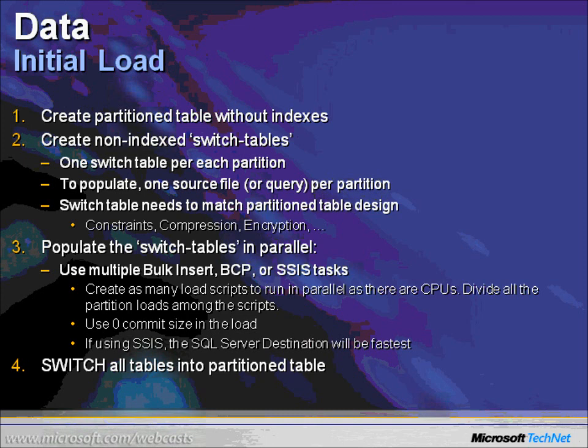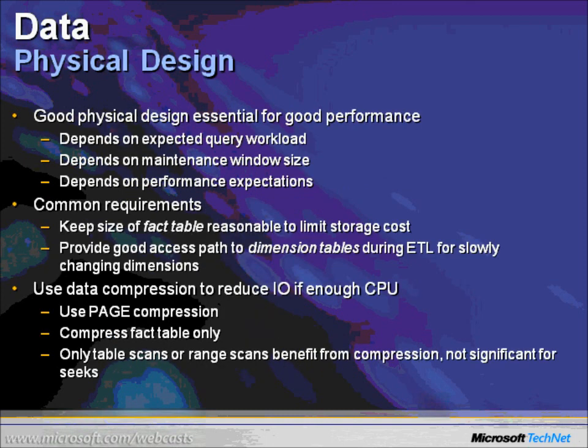Then you populate these, prepare them with the proper constraints and so forth. When they're all prepared, then you switch them all into the target partitioned table, so that you can load the individual switch tables in parallel separately. So we have demonstrations and examples where we are able to load a terabyte table in well under an hour.